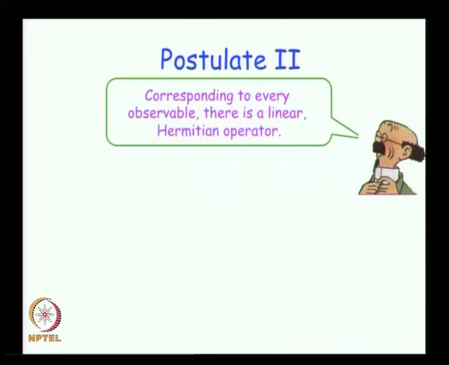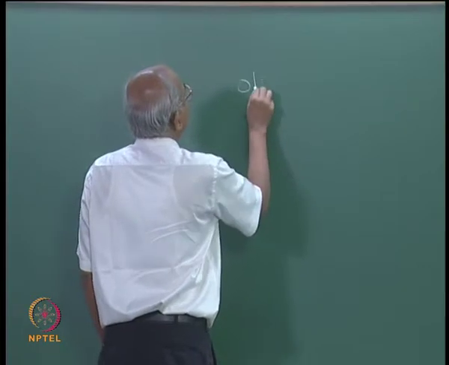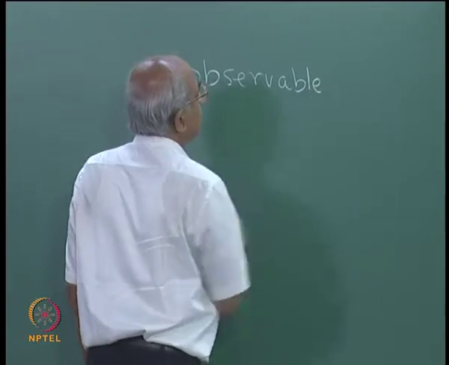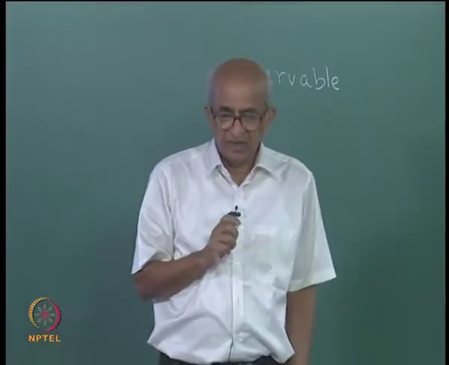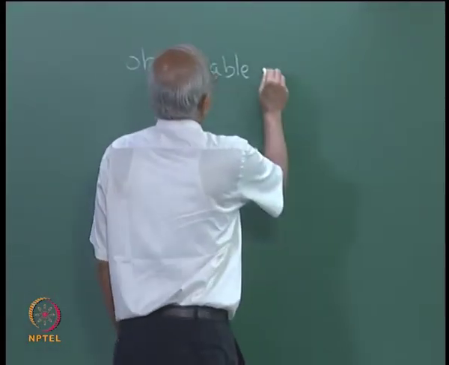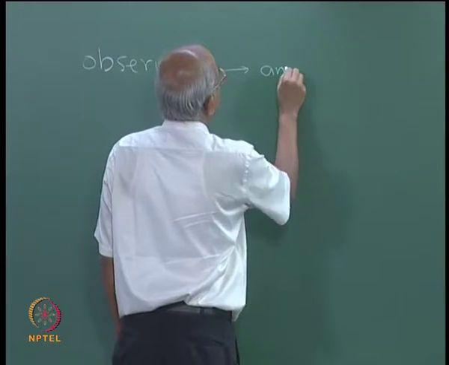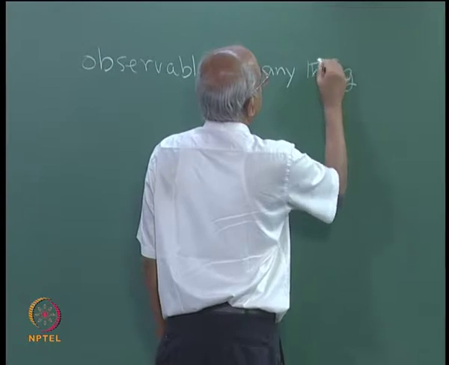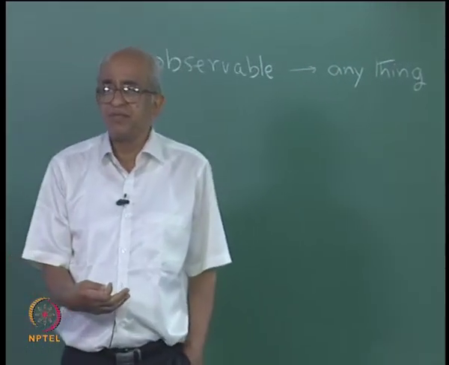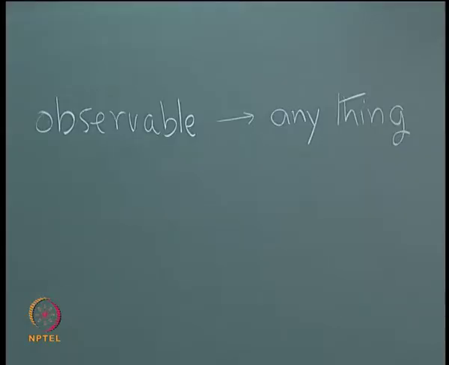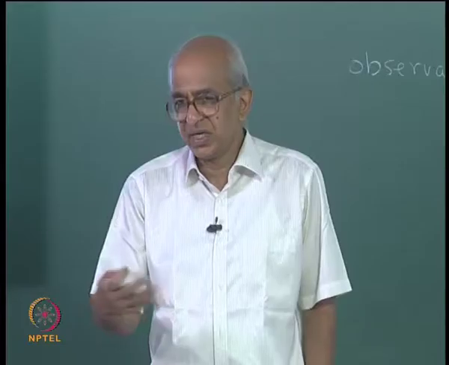There are several words here in this postulate that need explanation. First of all, what do I mean by an observable? For our purpose, an observable will be defined as anything that depends upon the position and the momentum of the particle.